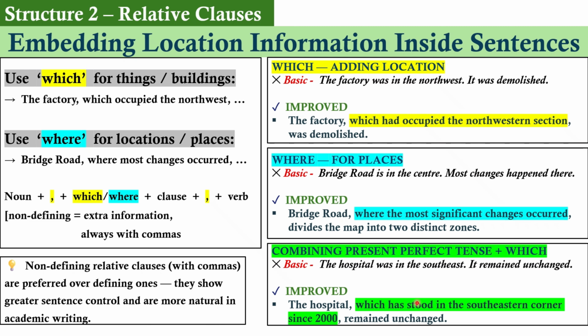The hospital, which has stood in the southeastern corner since 2000, remained unchanged. Here, the relative clause not only adds location information but also incorporates the present perfect tense, helping us demonstrate greater grammatical variety. These relative clauses make the writing more compact, more sophisticated, and easier to read. They also help candidates demonstrate the grammatical flexibility that is an important feature of Band 7 writing.